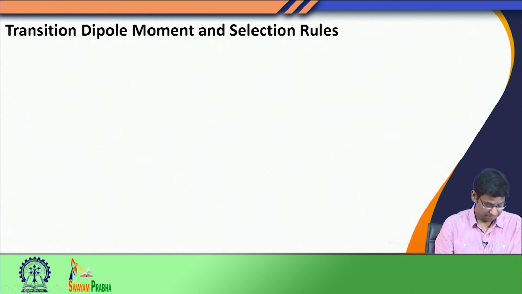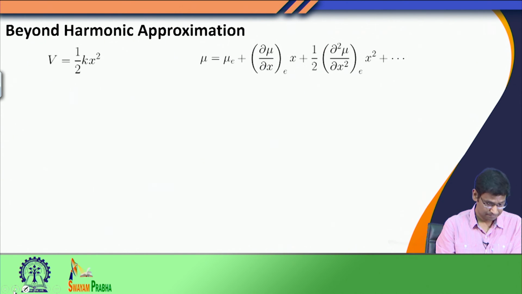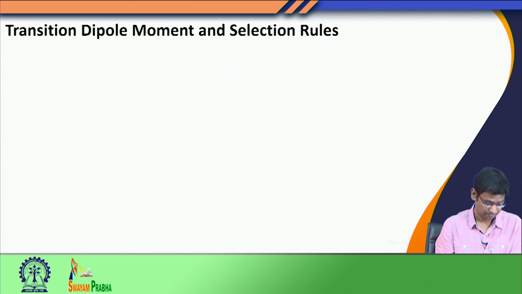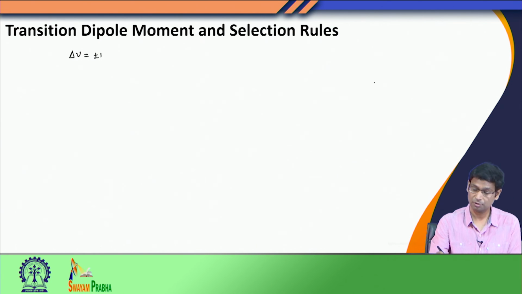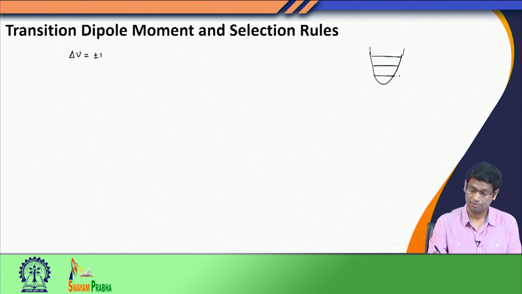Now, considering this delta v equals plus or minus 1 selection rule, if you remember, we had the harmonic oscillator with v equals 0, 1, 2. So, delta v equals plus or minus 1 means I can go from 0 to 1, or from 1 to 2, or from 2 to 3 and so on and so forth.